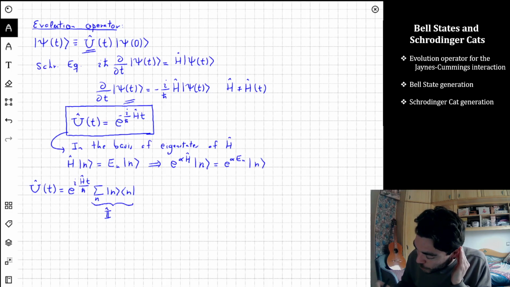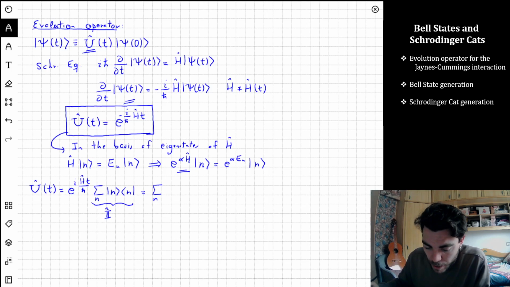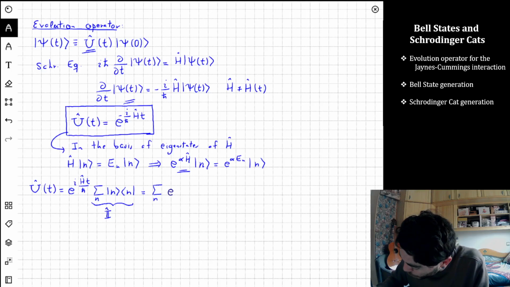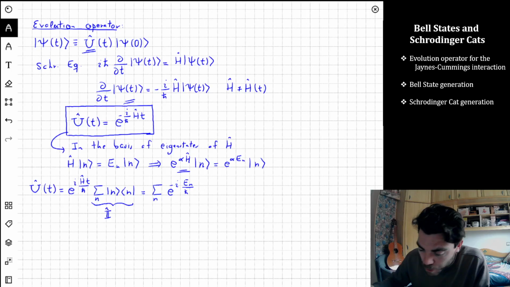Alright, but now what we can do is apply the Hamiltonian in this expression from the right, and then one gets that this is just the sum over n, where n is labeling the eigenstates of the system, of e to the minus i En over h bar t, because I applied the Hamiltonian on the state, so I get just the number En, and now just the projections onto the eigenstate.